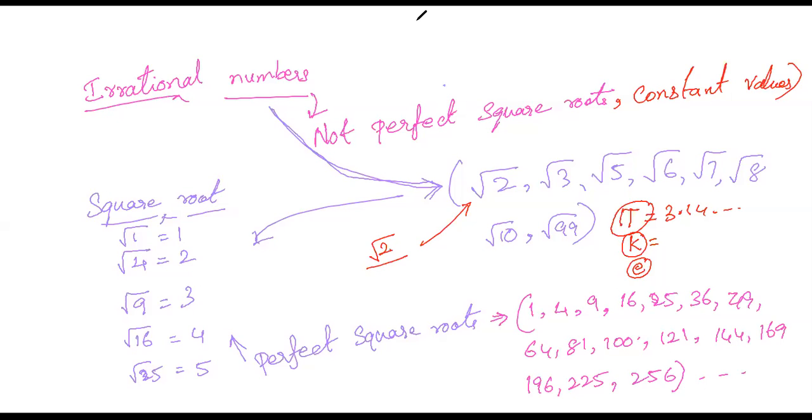Okay, before going to the properties of irrational numbers, let me give some numbers here. Please tell me which are the rational and irrational numbers.